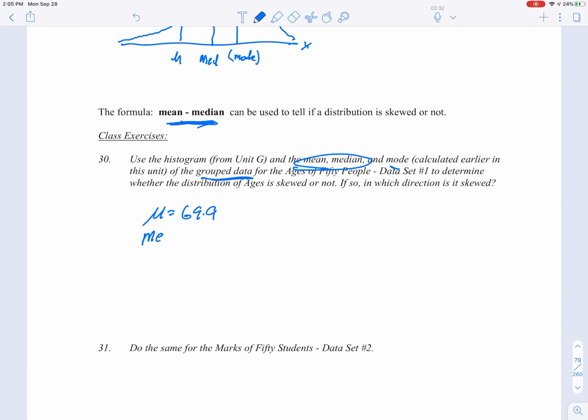And so the median then, we calculated also to be, let's see, 72.5. This was page C7. This was page C13.